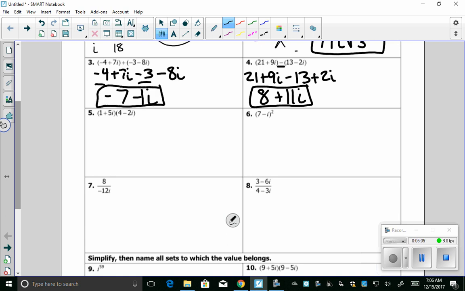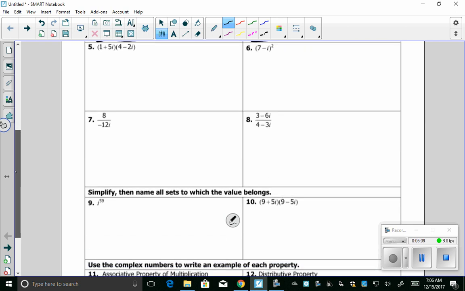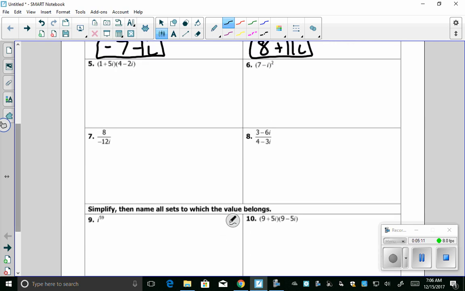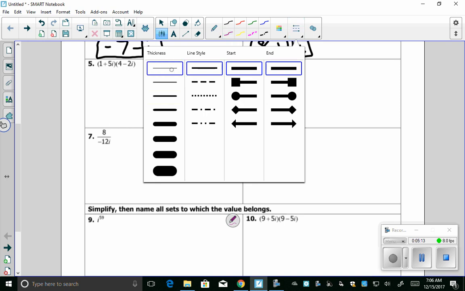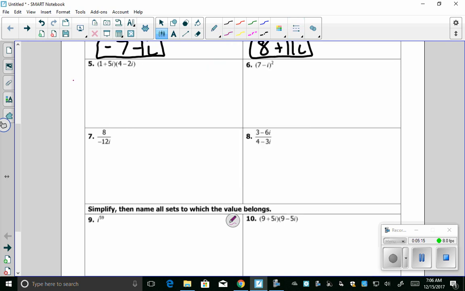Number 5. Like I said earlier, this is where you have to multiply or distribute, full method, whichever one you want to call it. So the first thing I have to do is 1 times 4, which gives me 4. And then 1 times negative 2i, which gives me negative 2i.